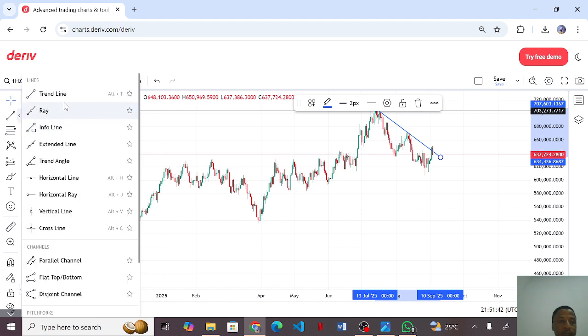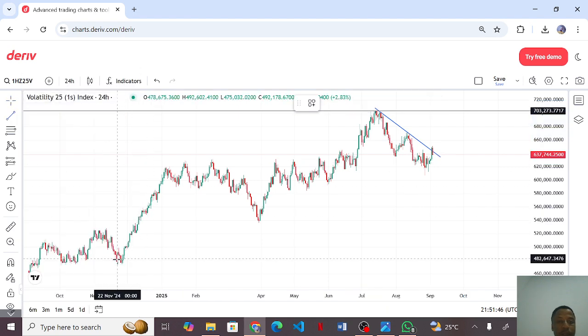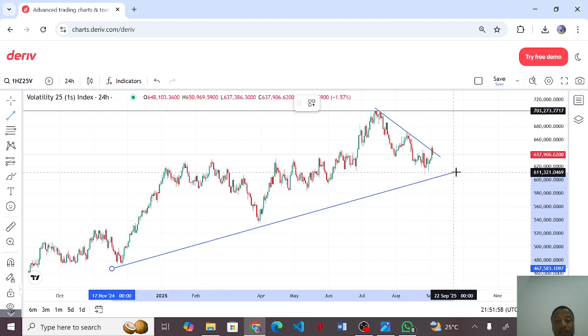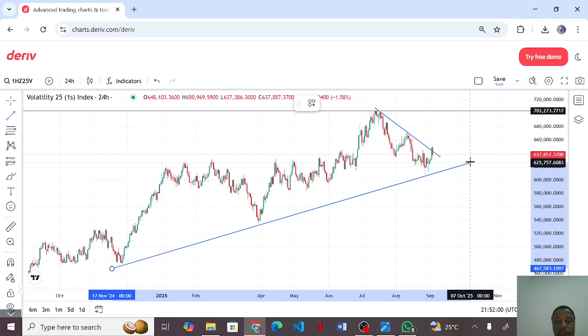We can't change to weekly time frame because it's a free package, so I've not paid for the 30-day subscription, so I cannot change it to weekly time frame, right?